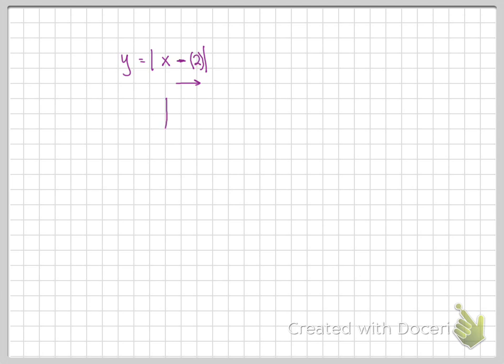Okay, so it would probably make more sense if I just said whatever you're looking at as a value inside the absolute value symbols with the x, if it's a negative, go the opposite. So normally you'd think negative was left. If you see a negative, move the opposite of that and go right.